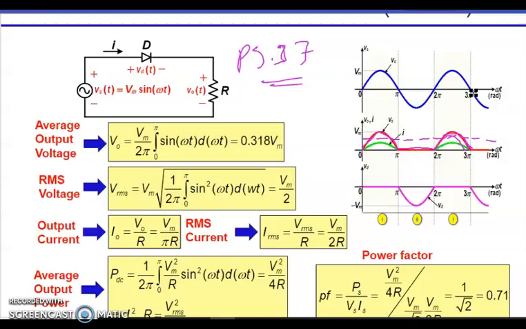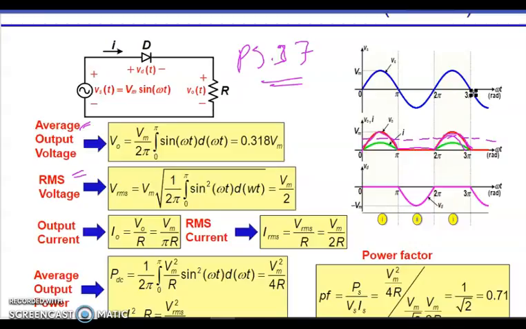Maybe you use a multimeter, so it will measure the average and RMS. But this kind of measurement in terms of peak, you can only measure using an oscilloscope probe, which shows the instantaneous response of the system. But mathematically, we can calculate their average output and RMS output.